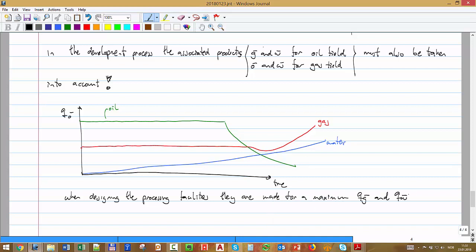And Q water, for the maximum rates available to process, due to, for example, the water treatment train.